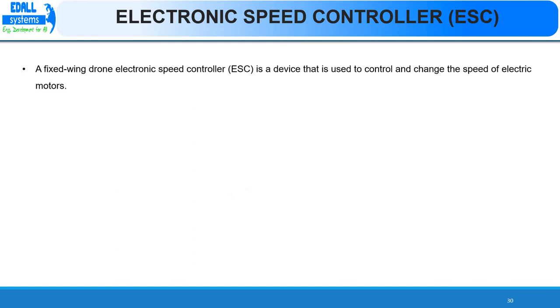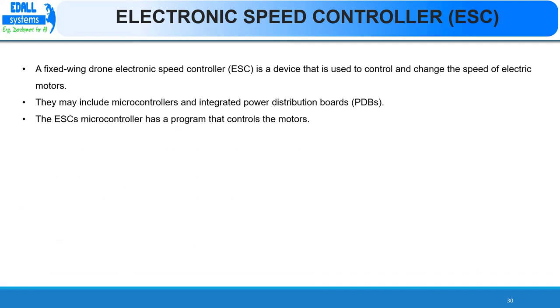Next is electronic speed controller. The electronic speed controller of fixed-wing UAV is a device that is used to control and change the speed of electric motors. Electronic speed controllers are used for all types of drones, not just for fixed-wing design. Electronic speed controllers include microcontrollers and integrated power distribution boards.